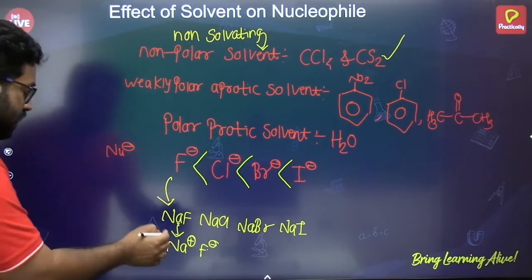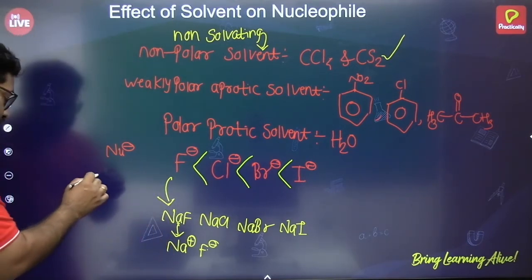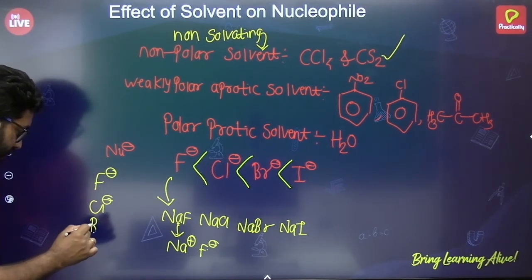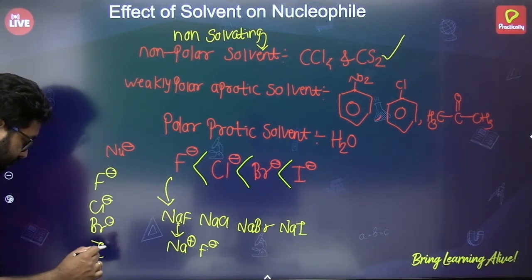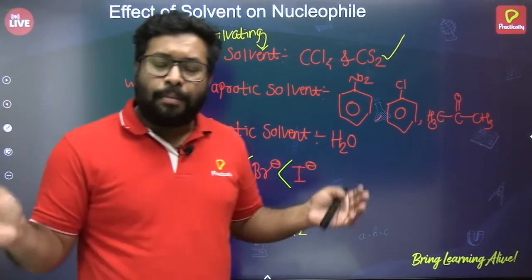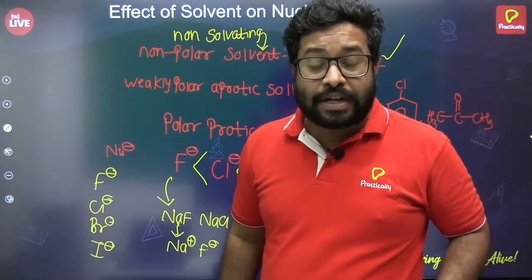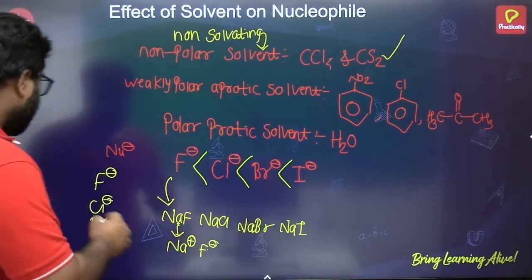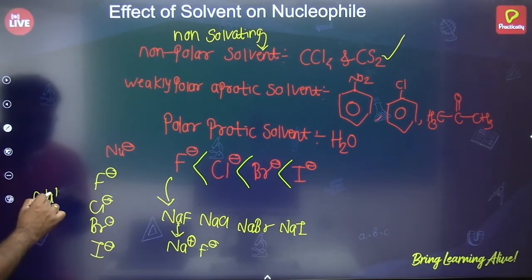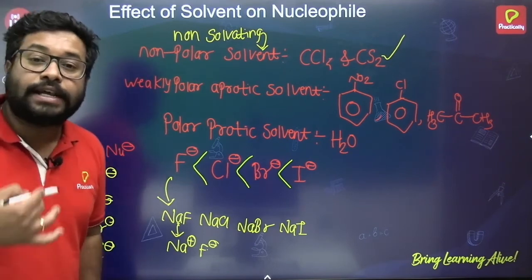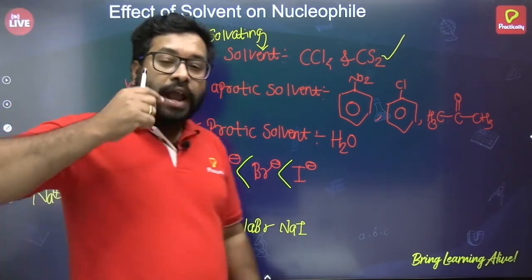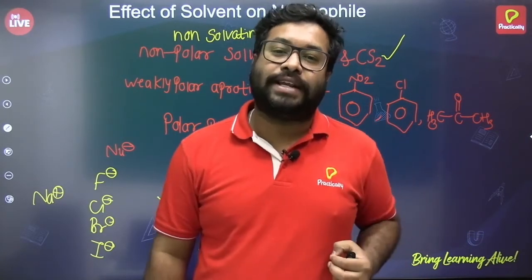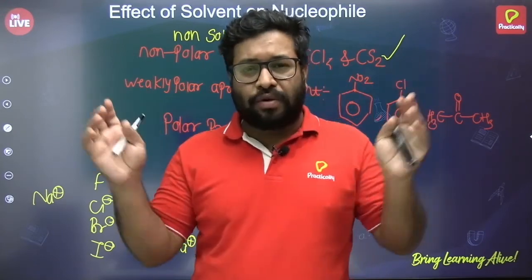Now suppose we take all these anions, F minus, Cl minus, Br minus, and I minus. They are obviously changing, right? But what's the common factor? The common factor is Na plus. So what does Na plus do? Na plus would try to decrease the effect of an anion, and Na plus would decrease the effect of that anion fastest which is smallest in size.